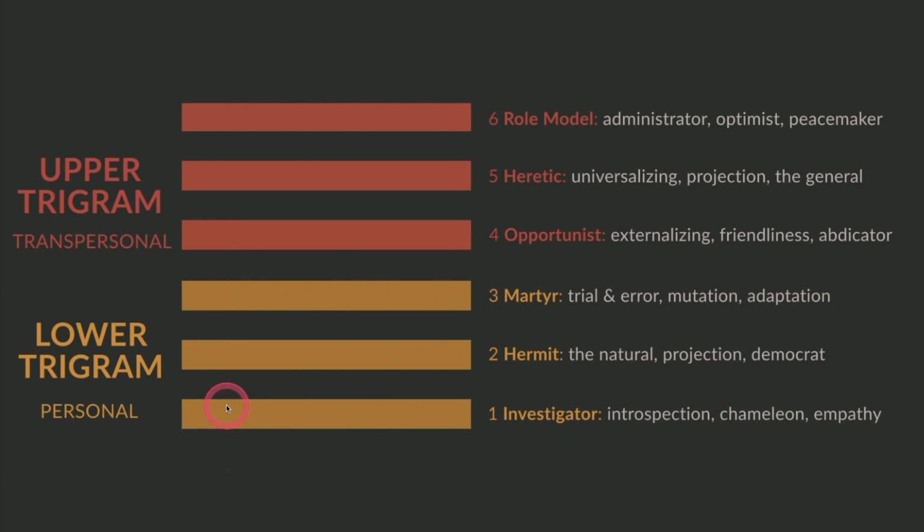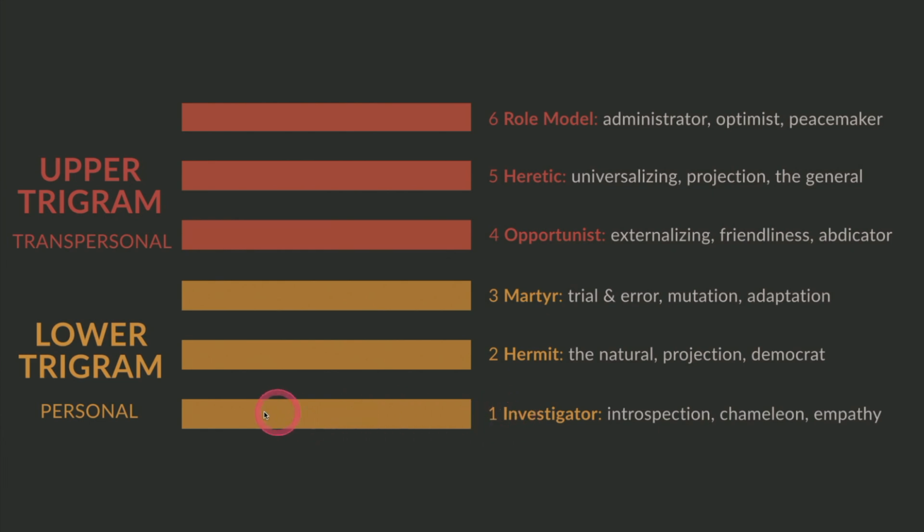Anything in the lower trigram is very personally focused. They tend to be self-engrossed personality types. So the investigator is of that first line personal approach. They're looking into the world to inspect and discover about themselves and the world by really getting a solid foundational analysis of what it's all about.